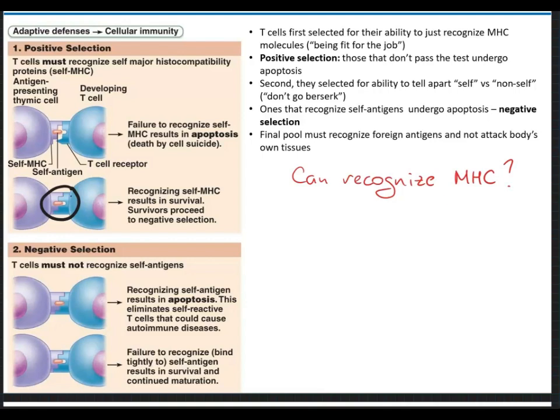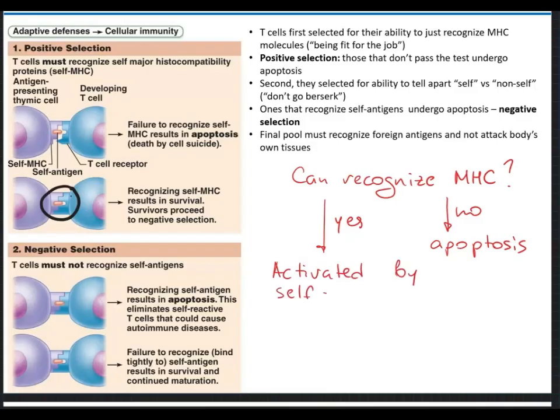If the answer is no, they're useless, right? They go into apoptosis. If the answer is yes, then they are tested for self-reactivity. Are they activated by self-antigens?